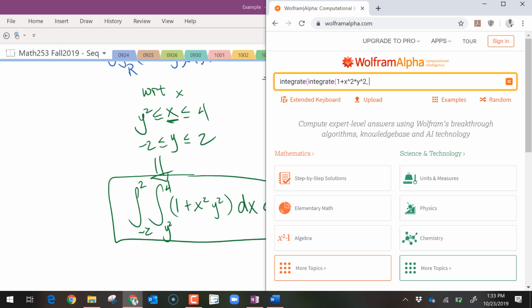So inside of the first integral, I'm going to integrate my x, and my lower limit is y squared, dot dot 4, close parentheses. That's my inner integral. My outer integral is going to be with respect to y, and the limits go from minus 2 dot dot positive 2, close the integral interval.